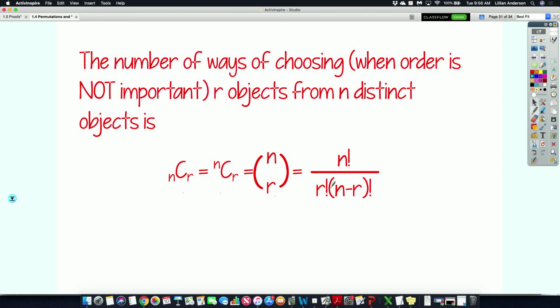What you see at the very end is the formula for combination, which is n factorial, your n distinct objects, divided by r factorial, the number of objects you're going to choose, times n minus r factorial. A slight difference between the permutation formula and the combination formula.